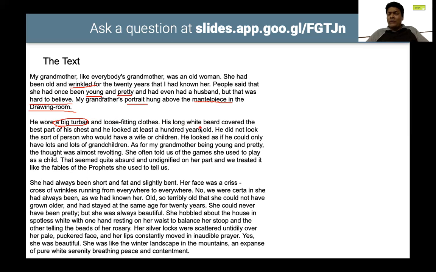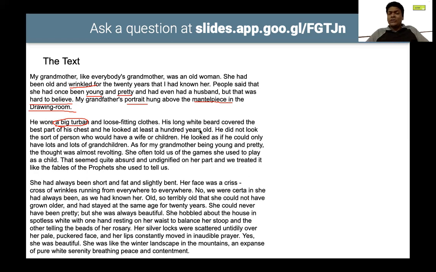His long white beard covered the best part of his chest, and he looked at least 100 years old. Looking at the physical appearance, the beard and the dress, in the picture the author stated that his grandfather looked exactly like a 100 year old man.